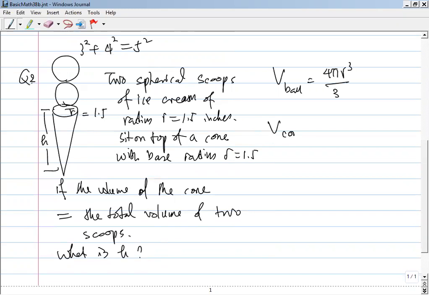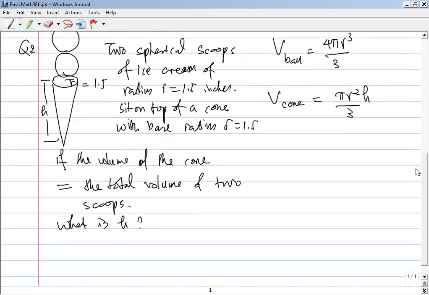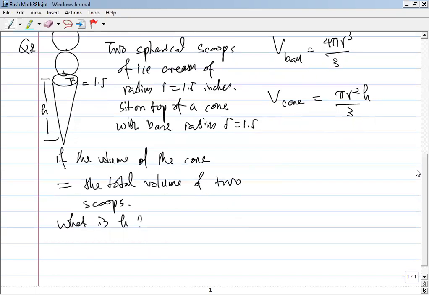The volume of the cone is going to be pi r squared multiplied by h divided by 3. So those are the formulas we should know. Then, using the given information, the volume of the cone is going to be equal to the total volume of 2 scoops, right?